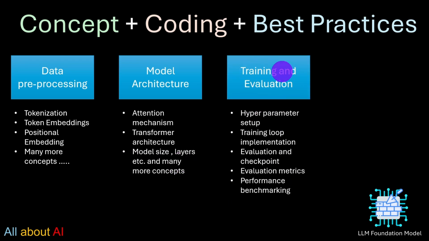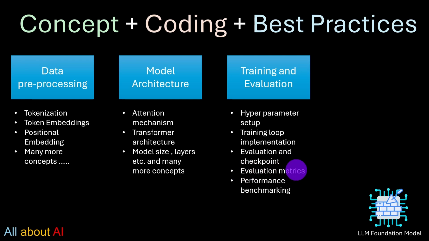Next, we'll dive into training and evaluation. We'll see how to set hyperparameters, how to create a training loop, and what the evaluation, checkpoints, logging, and observability are. All this needs to be set for proper training and maintaining the model. We'll use different evaluation metrics.